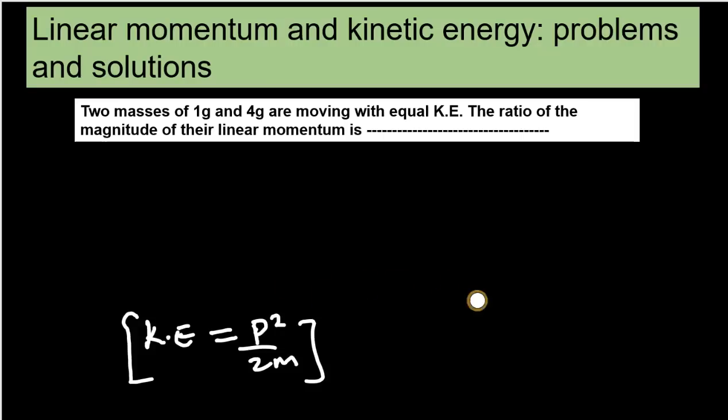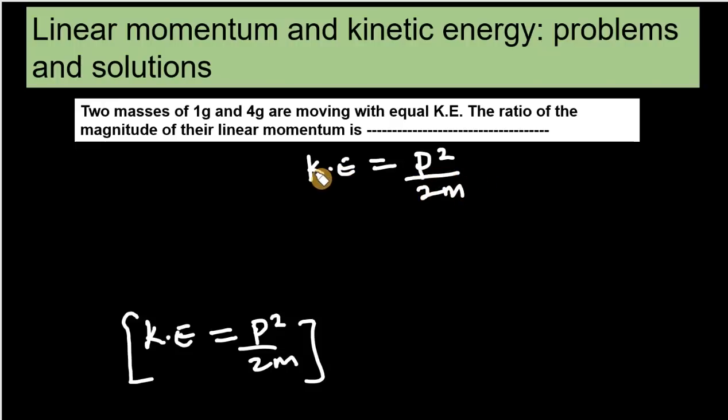So let's get started. Question number 1 says, two masses of 1 gram and 4 grams are moving with equal kinetic energy. The ratio of the magnitude of the linear momentum is dash. So the formula given is kinetic energy equals linear momentum squared upon 2m.